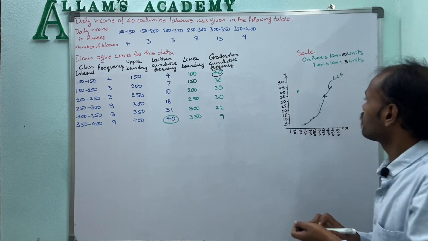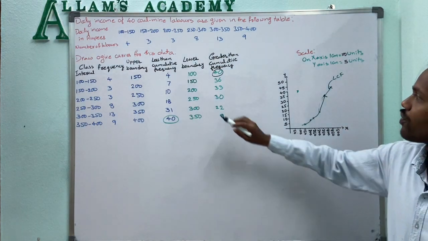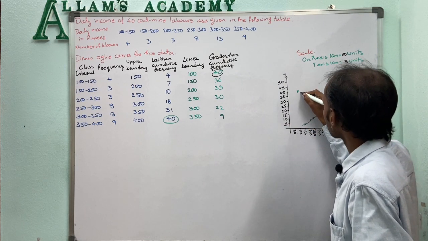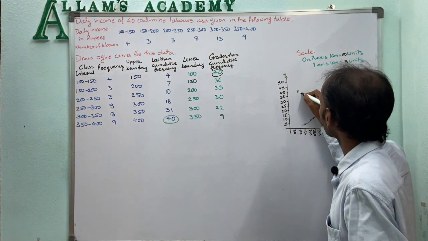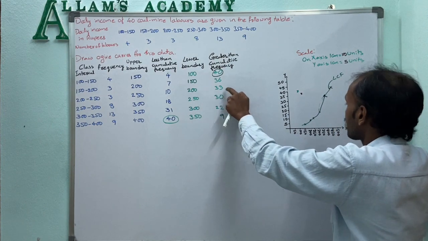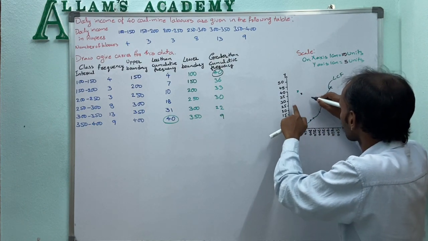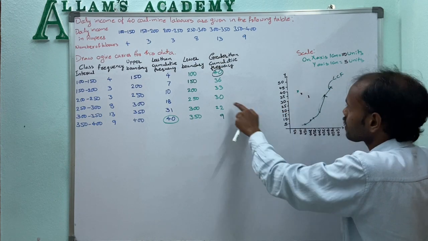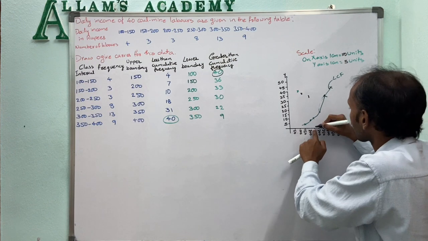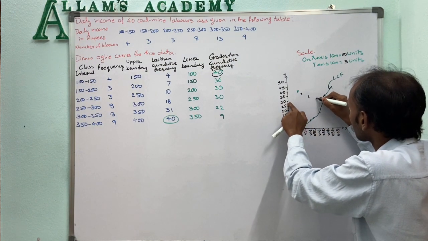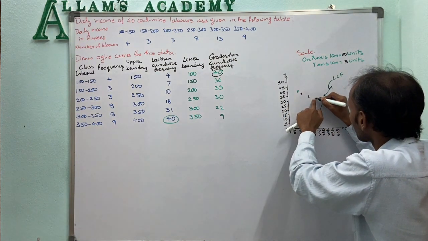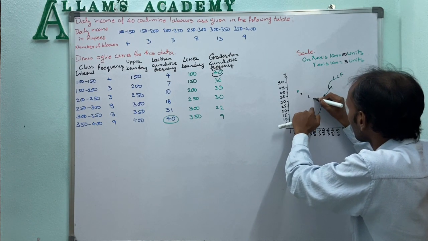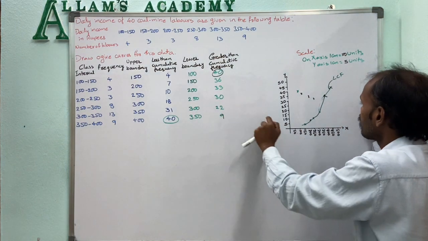Next, for 150, 36. For 200, 33. For 250, 30. For 300, 22.